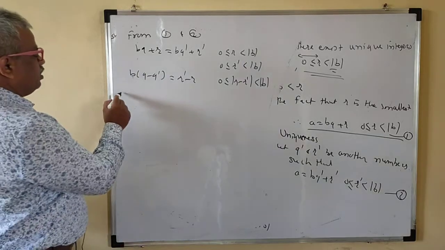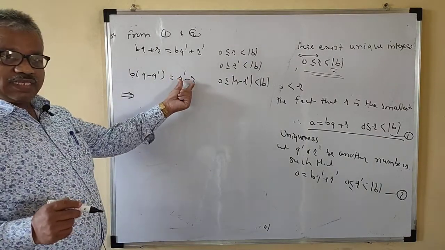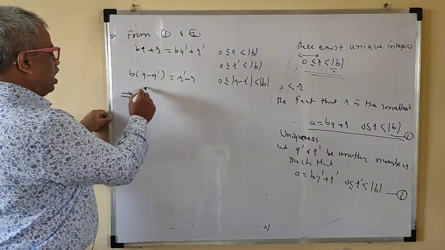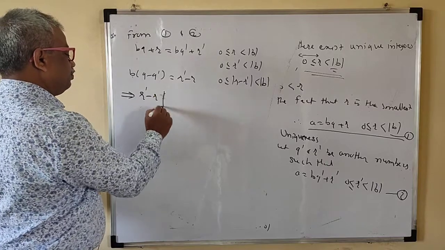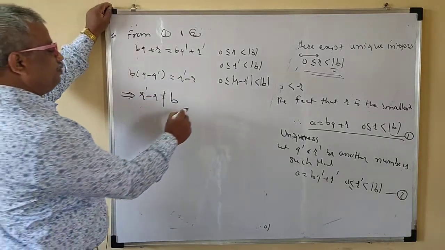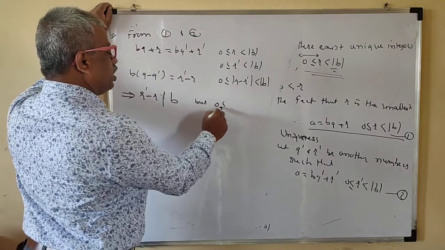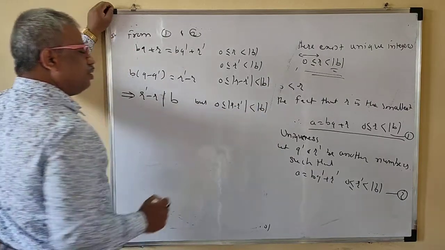Now what does this imply? So R minus R dash is B times some integer. This implies that B divides R minus R dash. But 0 is less than mod of R minus R dash, which is less than mod B, right?